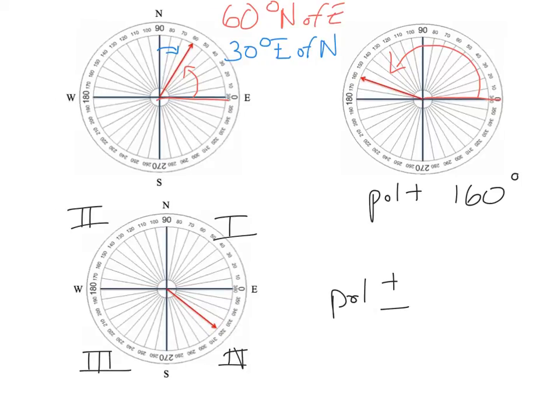What the polar positive negative specification tells us is if the vector is in quadrants 1 or 2, we will measure the vector counterclockwise from the positive x-axis, and that angle will be positive. Now if the vector is in quadrants 3 or 4, we're still going to measure from the positive x-axis, however we're going to measure clockwise and our angle would be negative.